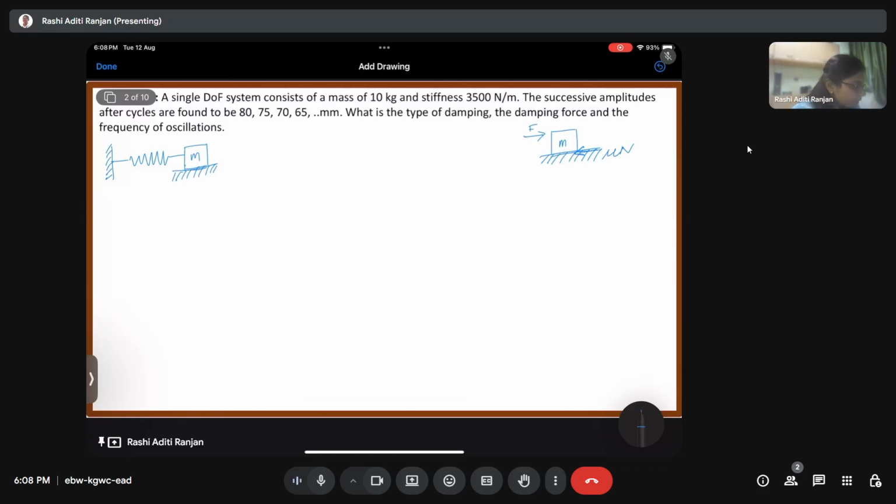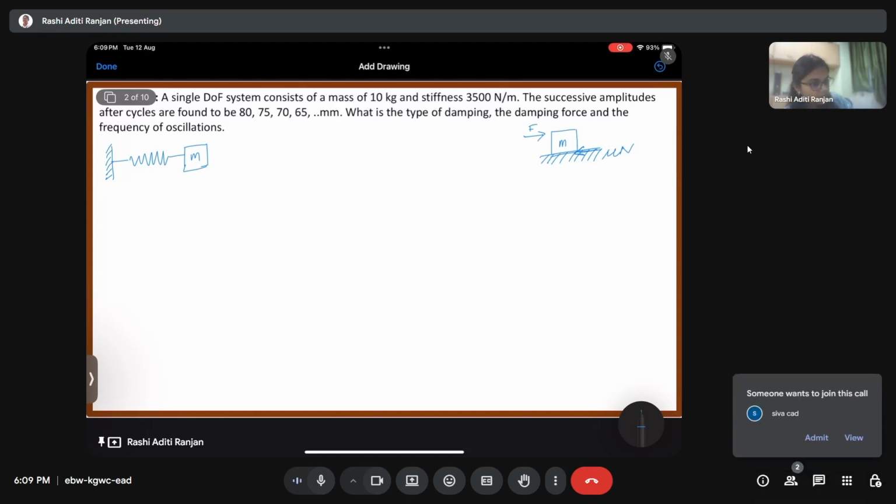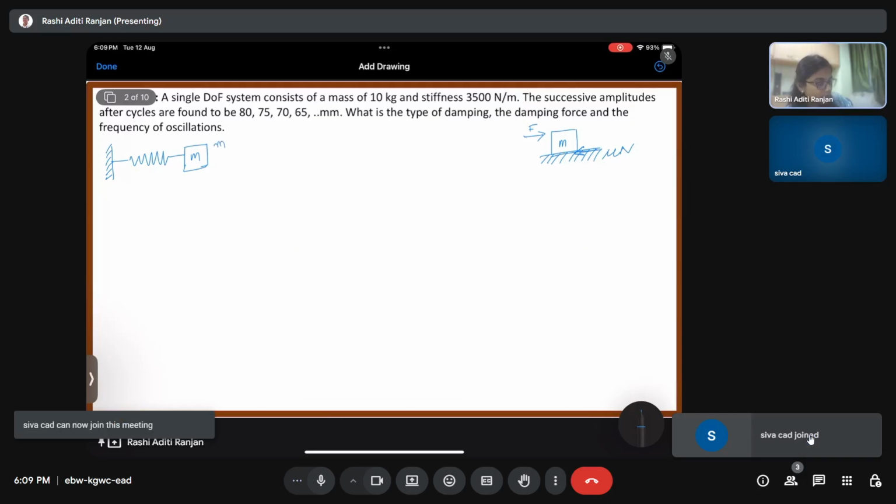For now, we don't know what kind of damping it is. Okay, so this is our configuration. We have m equals 10 kg.